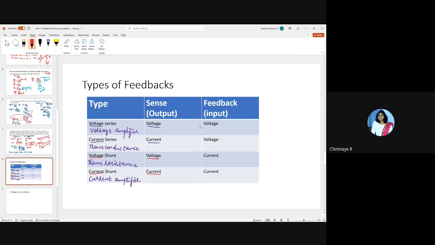So if you're feeding back voltage at the input, it is always fed in series. If you're feeding back current to the input, then it is always fed in shunt. Therefore, this name is a combination of what you're sensing at the output and how the feedback is fed back to the input.